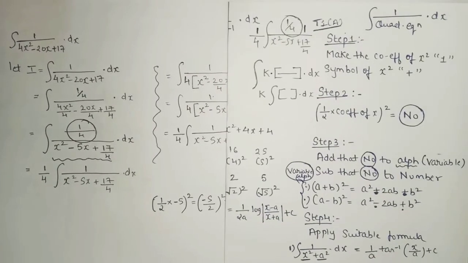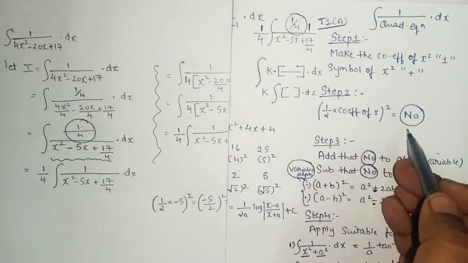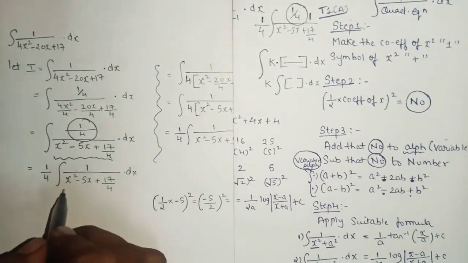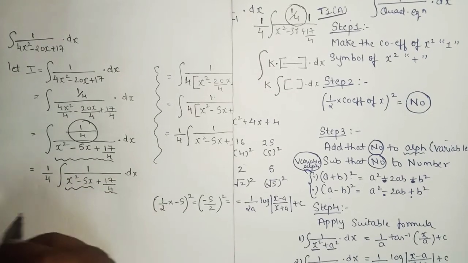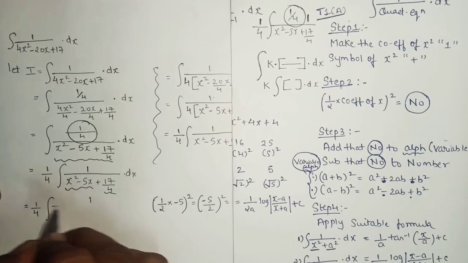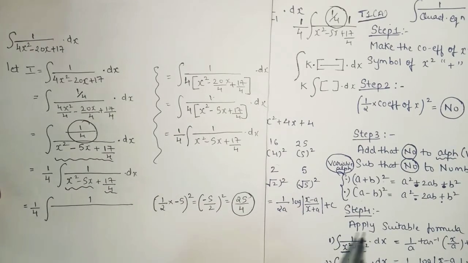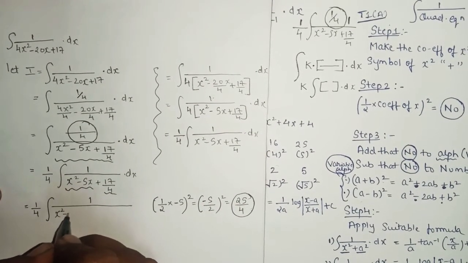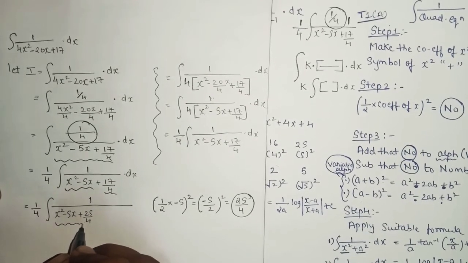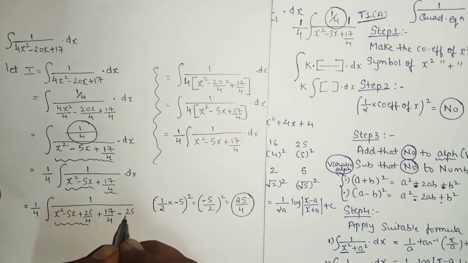Now as per the rule, after applying the third term, whatever number you get, you have to add that number to the alphabet. So here we'll make the pair of the alphabet and the number. Whatever the answer you get here, add that number to the alphabet and subtract that number from the number.